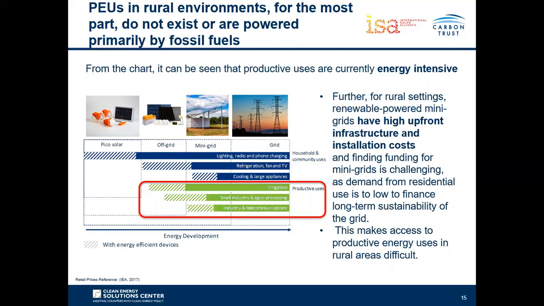However, we must bear in mind that the high upfront infrastructure costs associated with these energy efficient devices is higher than that of the older technology devices, which may be more affordable for these households and these communities. So this is the dilemma that they experience.